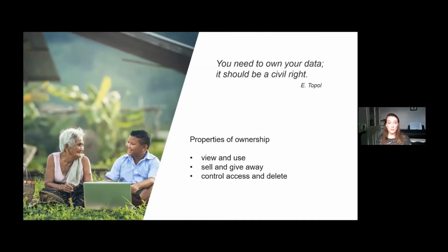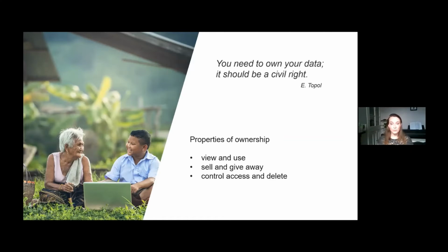At least in my, and so this is quite, I guess, a personal opinion, on what data ownership normally means, to me, it means being able to view and use your data for your own goals. So your data being the data that's about you. And you can do that, for example, through the NHS app or the patient health records. But this is an expanding niche rather than necessarily the norm at the moment.